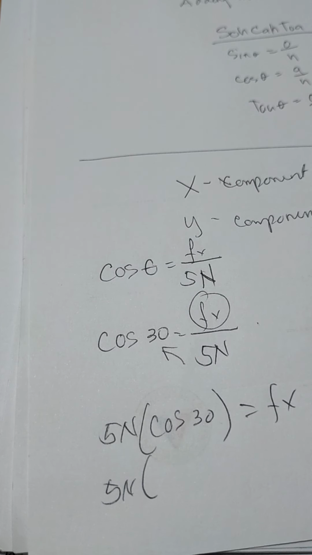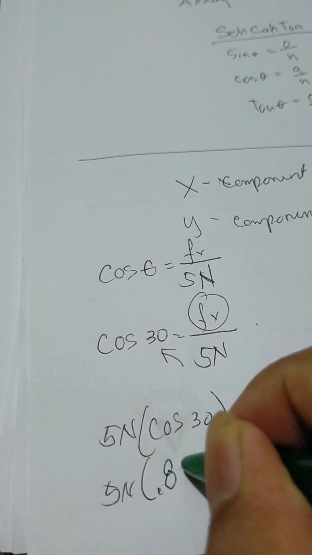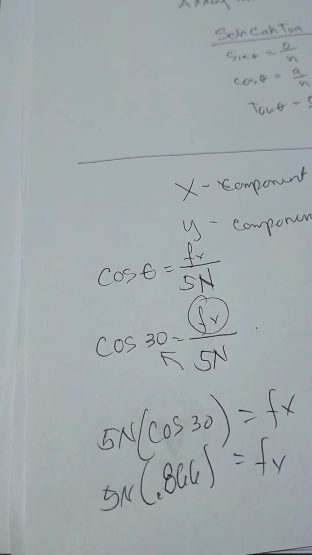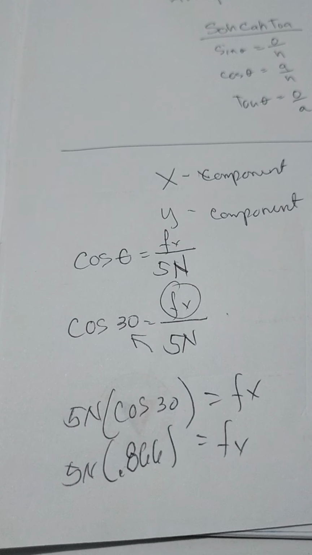So that would be cosine 30, and the value is 0.866. That is the fx, and therefore, the answer, you have to multiply it by 5, is 4.33.